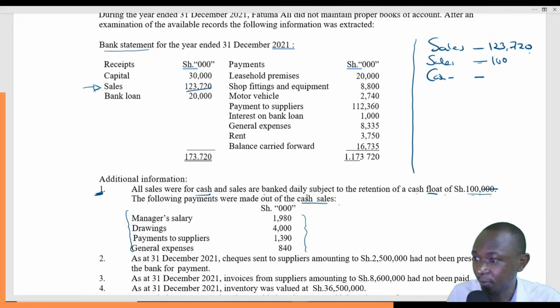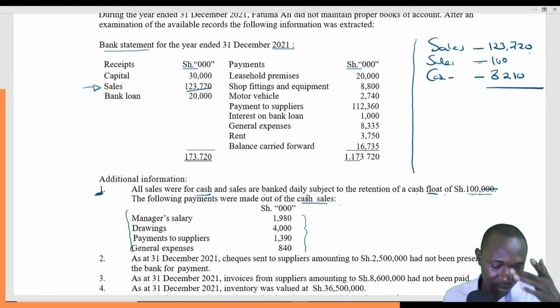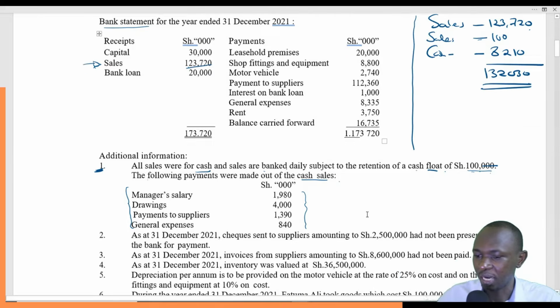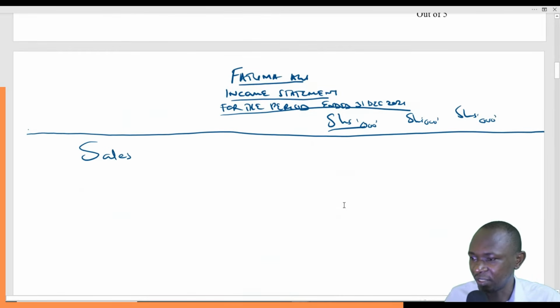How much is that? 8210, and the zeros have already been restricted. So when we add this, we get 8210 plus 100 plus 123,720. This gives us 132,030. So this is the 132,030. So this becomes our sales figure.